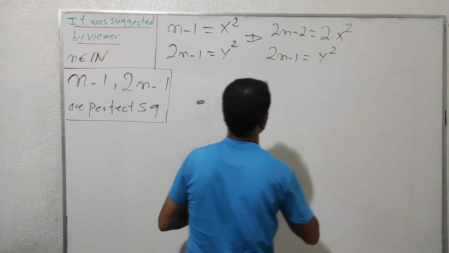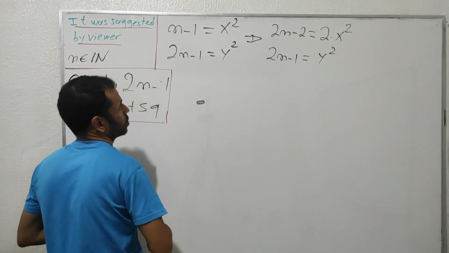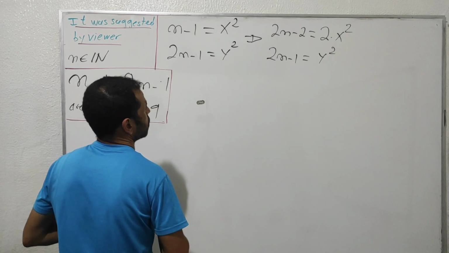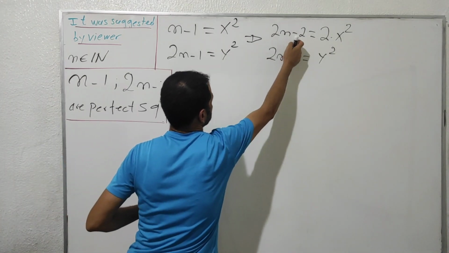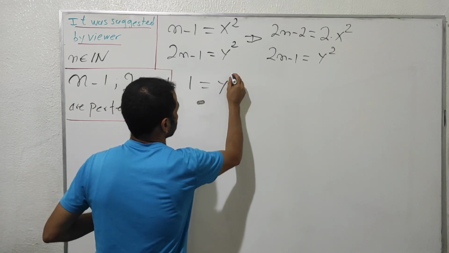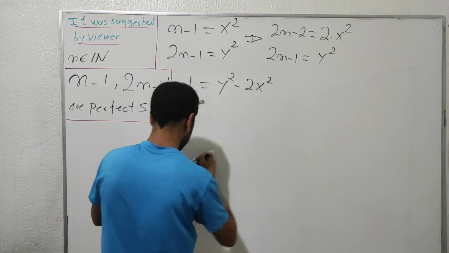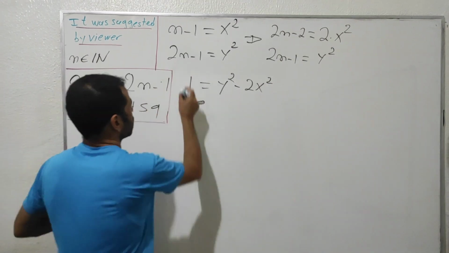I'm going to make this equation minus this equation, so the 2n cancels out. I will be left with minus 1 minus 2, which is 1, equals y squared minus 2x squared.